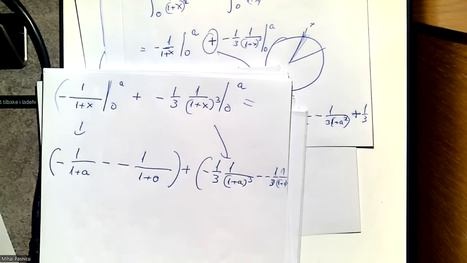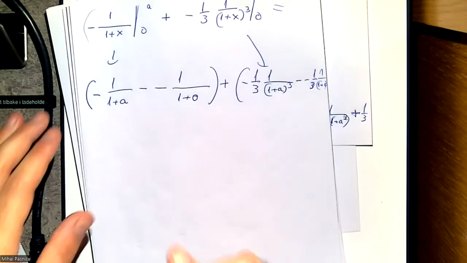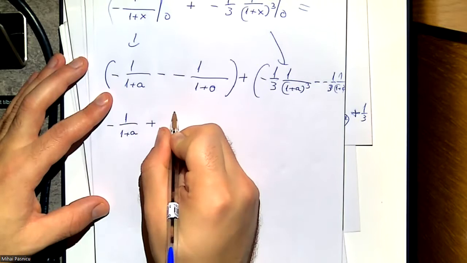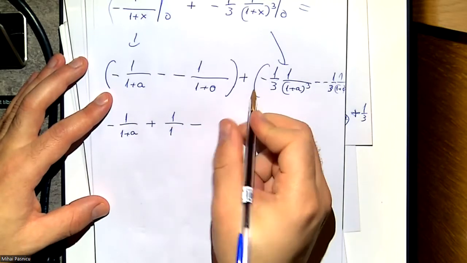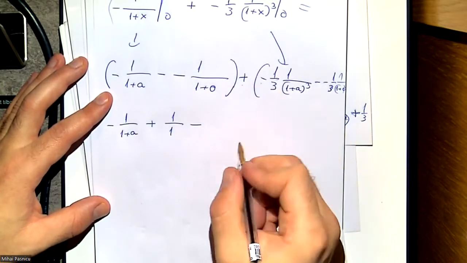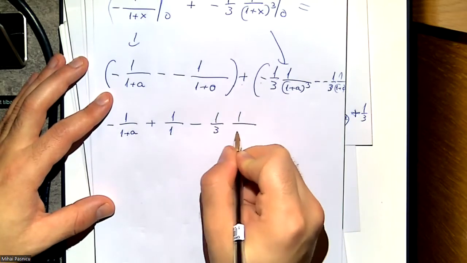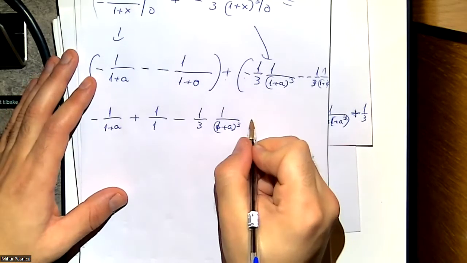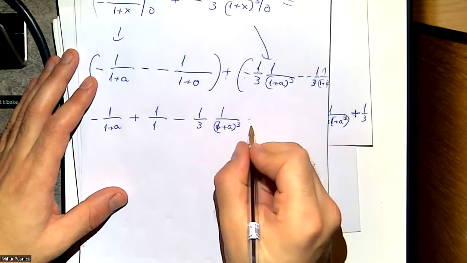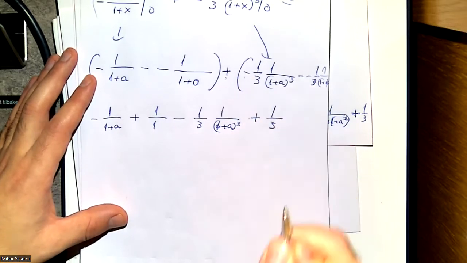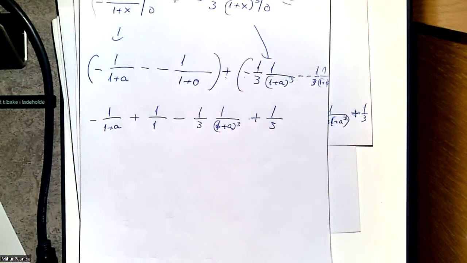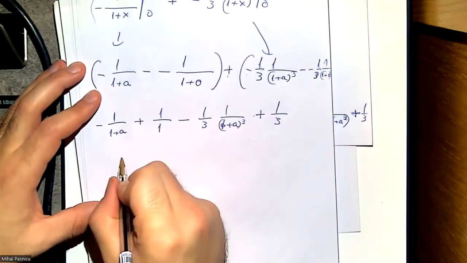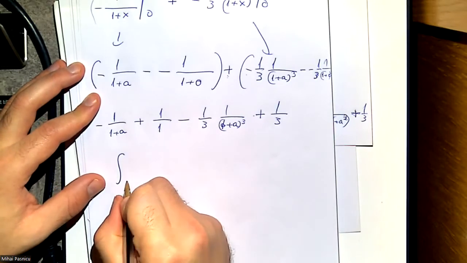Okay, I think we got the point. Anyway, so what do we get now? We get minus 1 over (1+a) plus 1 over 1. Now, minus times minus gives me plus, so minus 1/3 times 1 over (1+a) to the third, and then I have minus minus, so plus 1/3. Okay, this is my answer. So the integral, this is actually uglier than I expected.